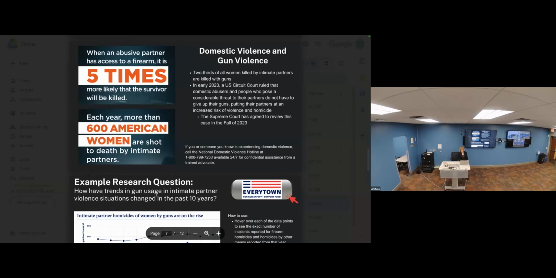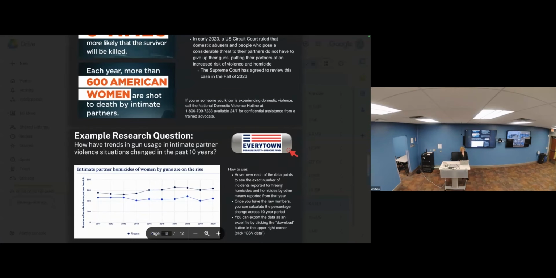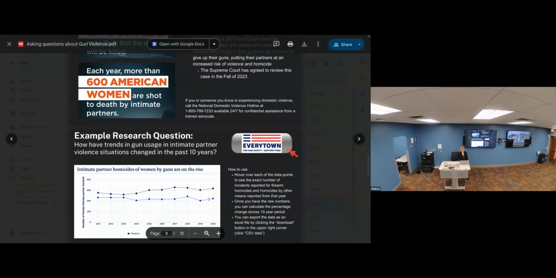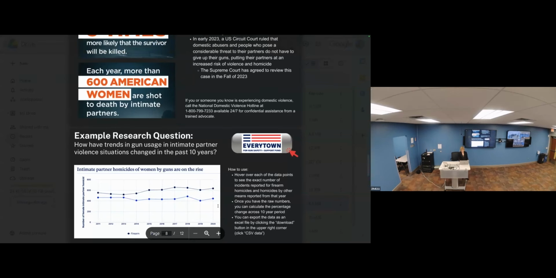So again, there's a red arrow here to a link to a data set. You know that you're going to look over a 10-year period of time and see what the change is in these. And there's written instructions in what columns of data to use.